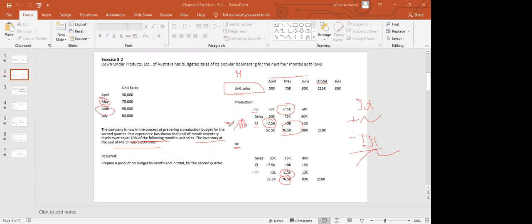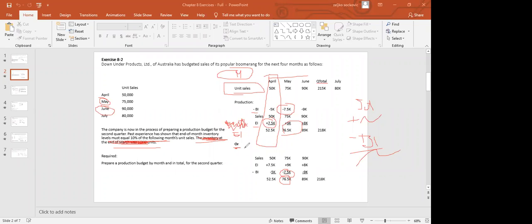A lot of students, let's say we are not told this in this problem, they know the procedure we just described, but they will be stuck with March. Where is March? I don't have March ending inventory. I cannot solve this problem, right?